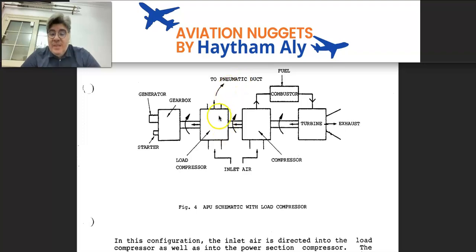This one is called a load compressor. The air inlet duct and air inlet plenum supply air to both compressors: 1 for the gas turbine engine function, and the other for the pneumatic duct and pneumatic load function.